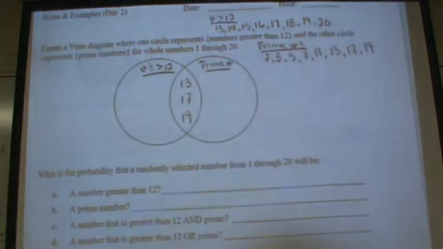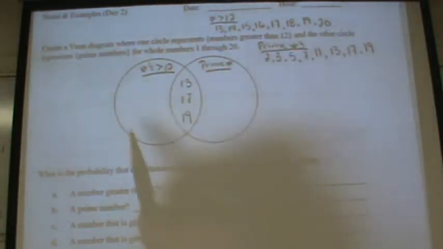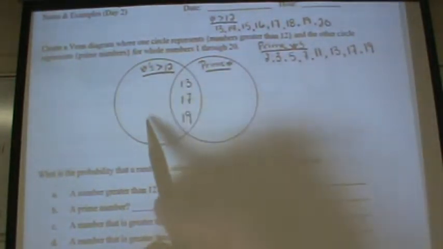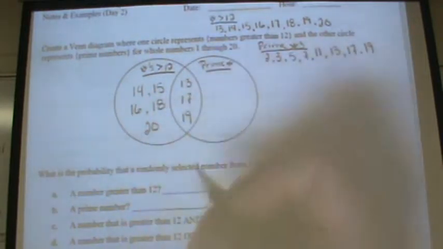So in this middle section we're going to have 13, 17, and 19. The rest of the numbers larger than 12 go over here: 14, 15, 16, 18, and 20.